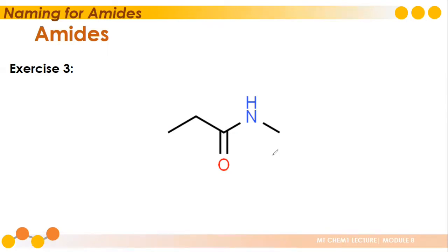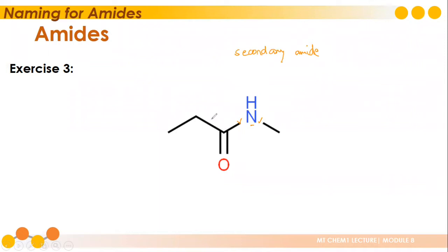For this one, you have your nitrogen, and it is a secondary amide. How did we know? Because there is only one hydrogen attached to our nitrogen, and then there are two carbon groups. Locate which is the longest carbon group.